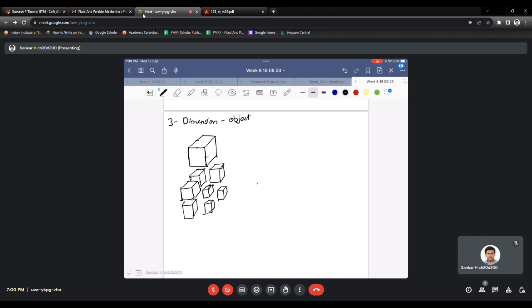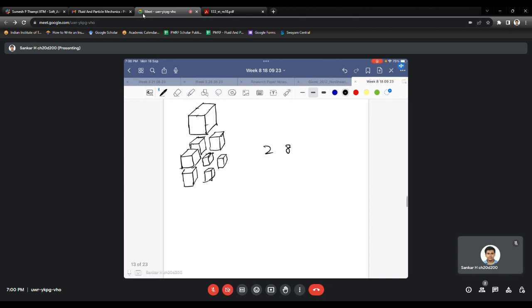So what I'll end up with is, if my scaling factor s is equal to 2, I'll end up with 8 pieces. So if the scaling factor is 2, the number of pieces that I get would be 8.